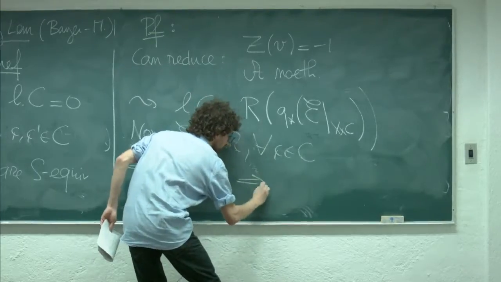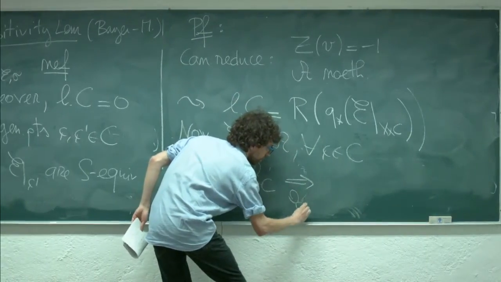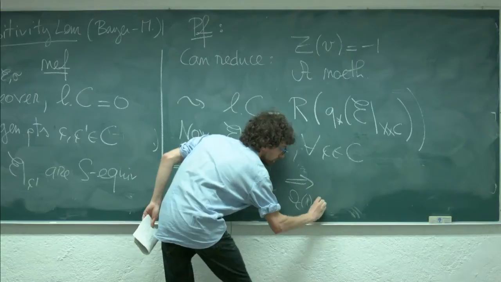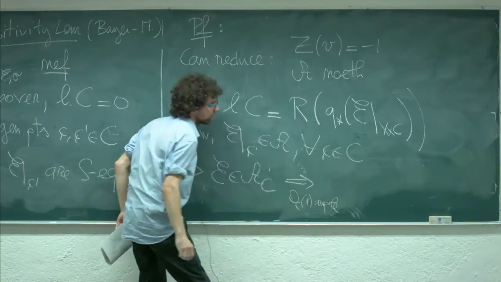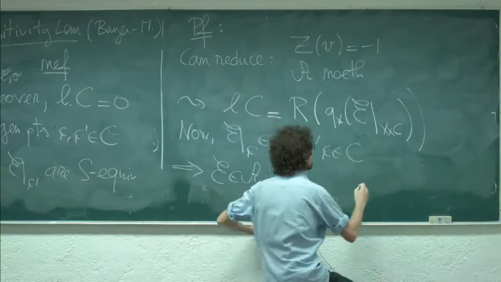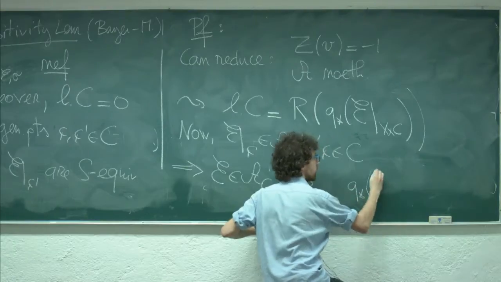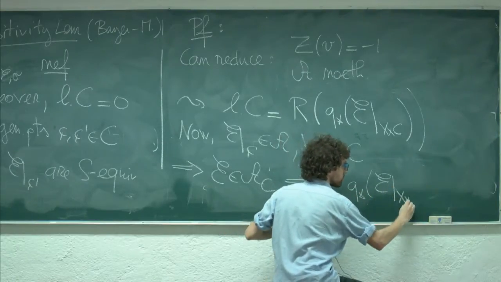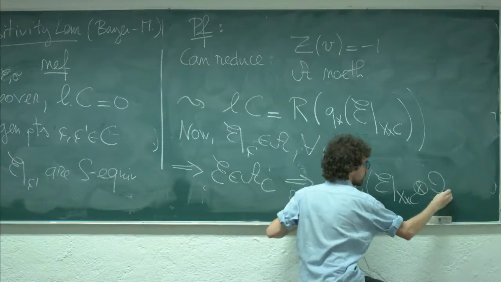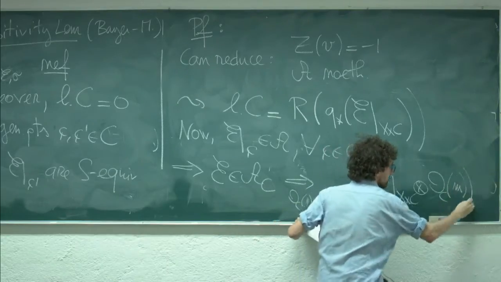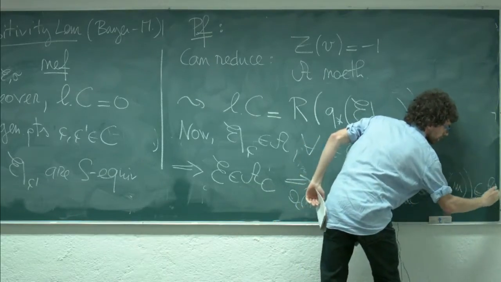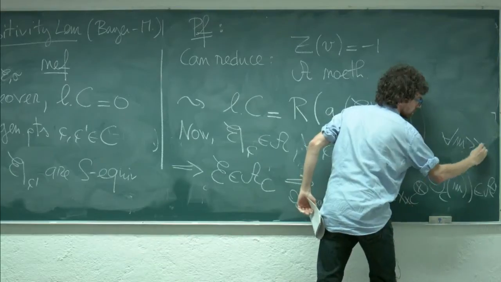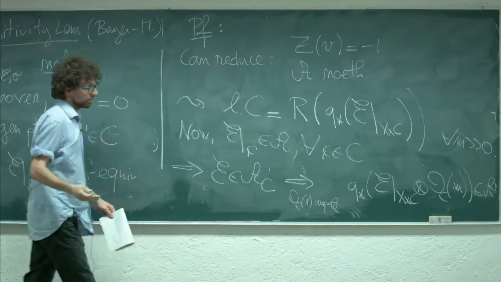So this implies that if I choose O_C(1) ample, I can choose anything I want, then it shows that Q lower star of E restricted to X cross C tensor O_C(m) is going to be in the category for all m large. Okay, so that's the definition.